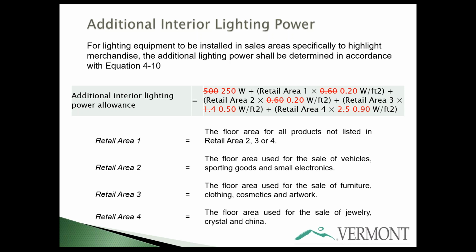That has been updated. So there's an equation you go into that tells you how much beyond the lighting power density that's allowed, what additional lighting power you can put in. The additional lighting power has been cut, so you can see what the old one was with the strikeout, and the new one is there in red, so you can see what those reductions are. That got cut considerably.